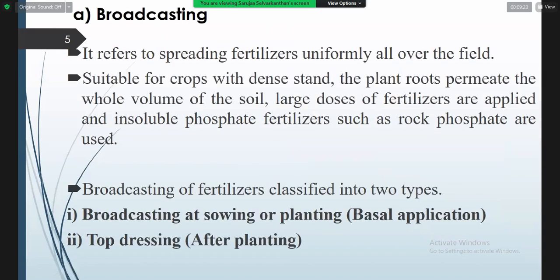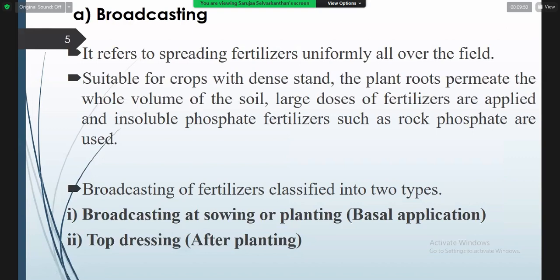Broadcasting refers to spreading the fertilizer uniformly all over the field. We assume we apply it uniformly. It is suitable for crops with dense stands, where plant roots permeate the bulk volume of the soil.